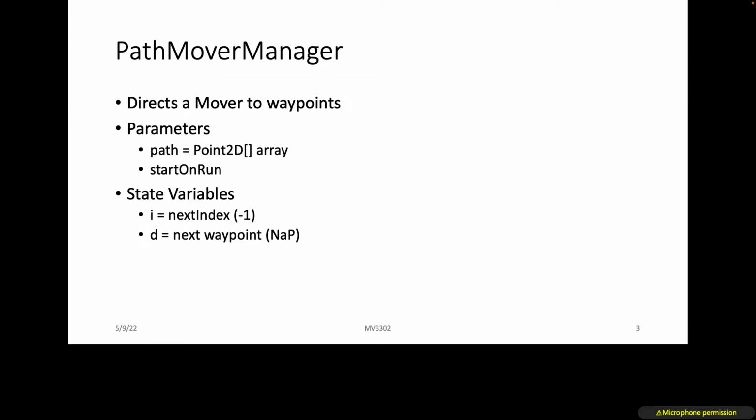So the first example of something which can direct this is something I called a path mover manager, meaning that we specify a path, and that's one of the parameters, and the state is kind of where it's going to go next. And the rule is you go from one waypoint to the next.